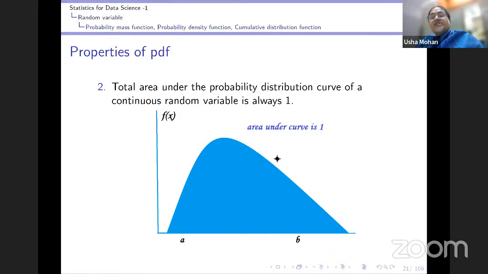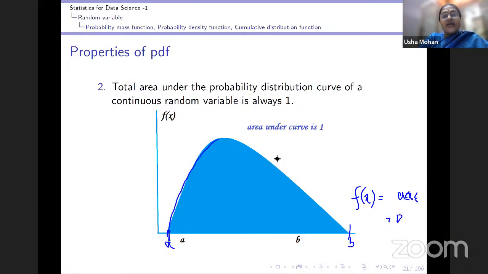That is the distribution, because I am exhausting everything. The way I have defined it, f of x takes some value if a is less than or equal to x is less than or equal to b, suppose this is a and this is b, and it is 0 otherwise. So I know that the area under the curve is 1, which is the same as the integral from a to b of f of x dx being equal to 1.